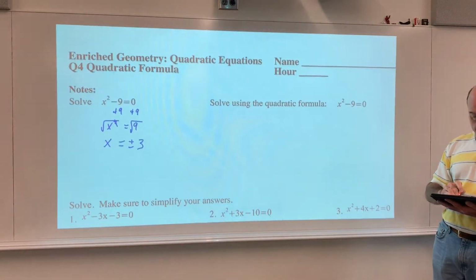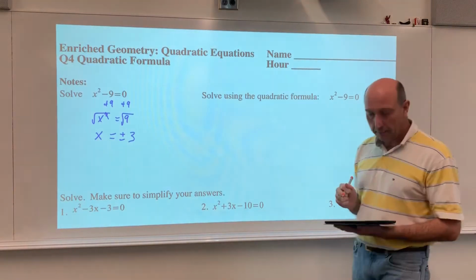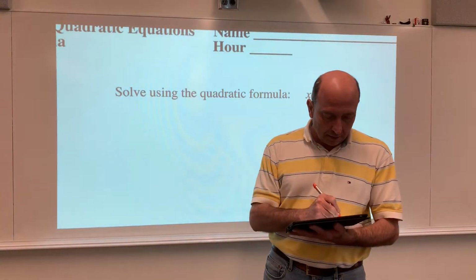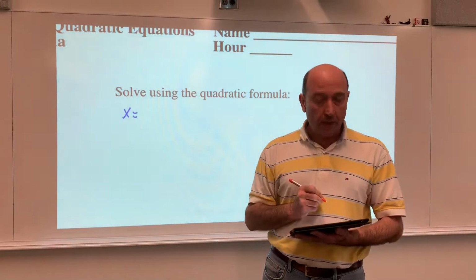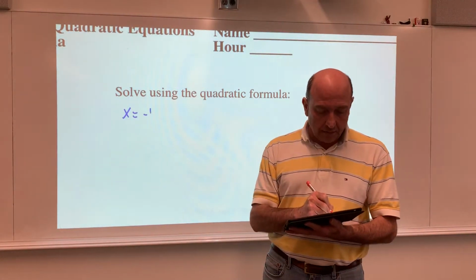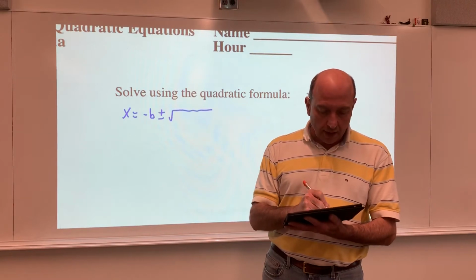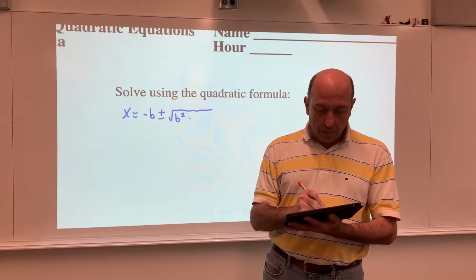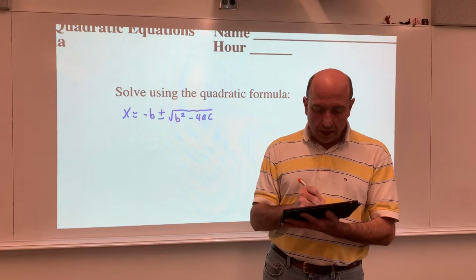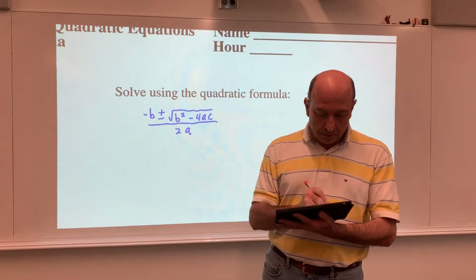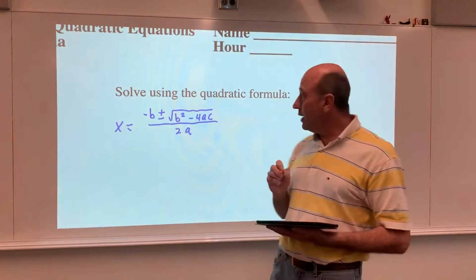Okay, let's try that. Maybe this will be easier. The quadratic formula is x equals negative b plus or minus the square root of b squared minus 4ac, all over 2a. And if you don't believe me, you can check on the internet.